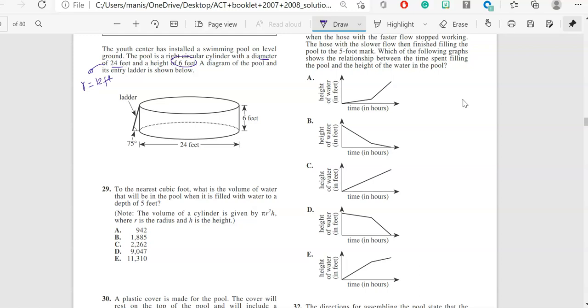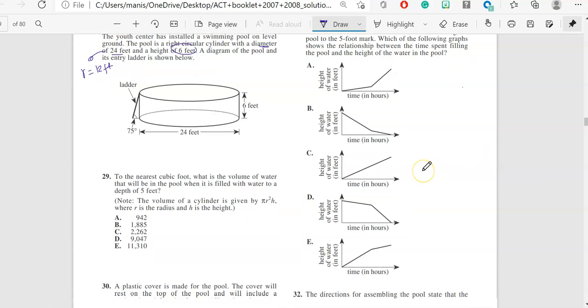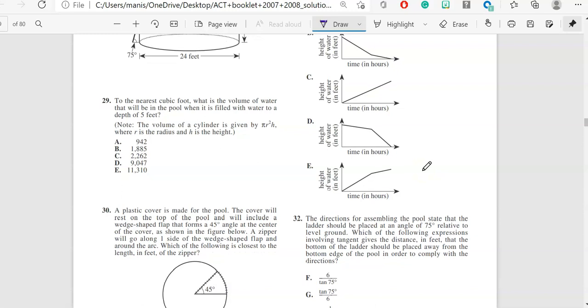Let's see what question number 29 says. To the nearest cubic foot, what is the volume of water that will be in the pool when it is filled with water to a depth of 5 feet. When they say depth, they mean the height is 5. So we apply the volume formula, pi r squared h, which they have also given us.